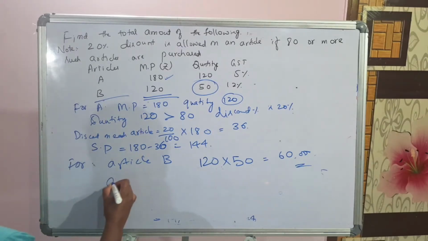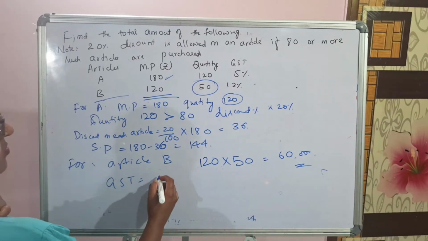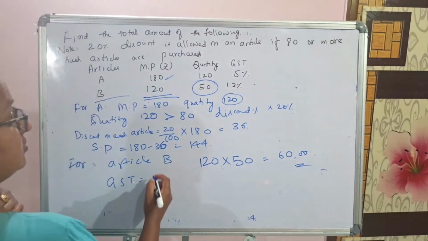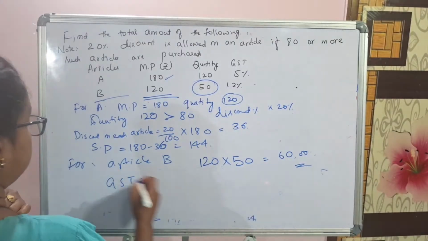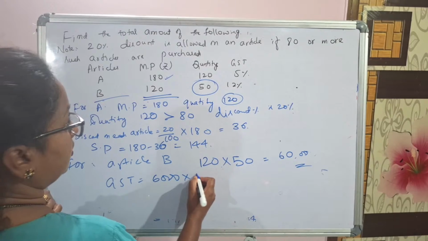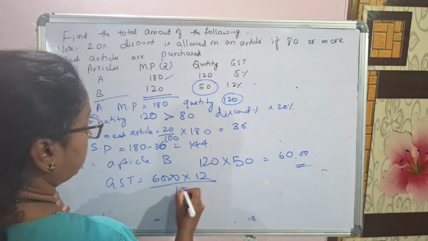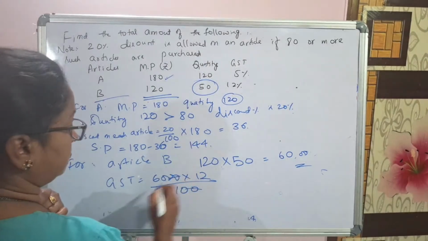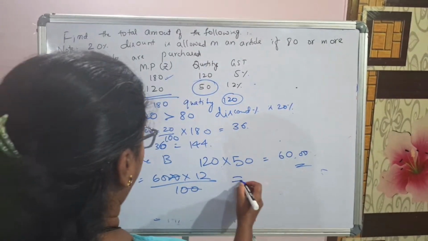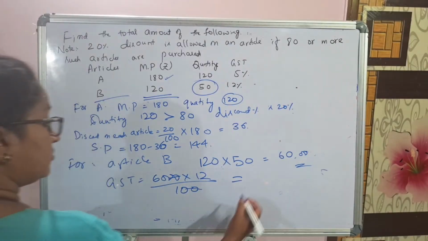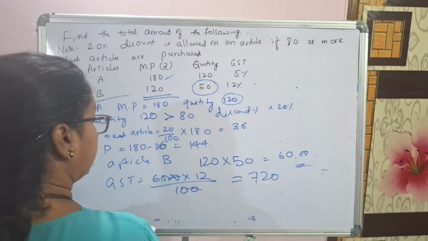And the GST is 6,000 into 12 divided by 100, which is equal to 720.